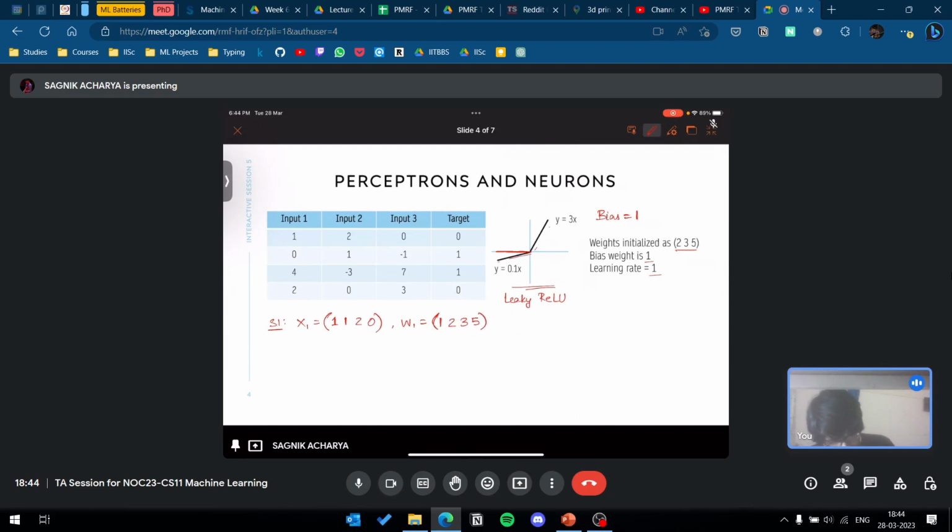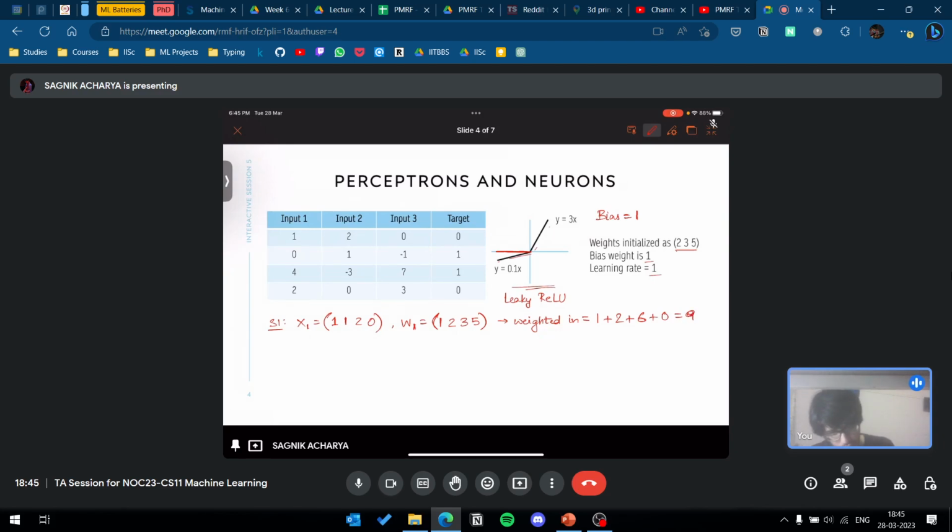So what is my weighted input? I have to multiply w1 times x1, so I multiply the corresponding entries. It will be equal to 1 plus 2 plus 6 plus 0, so this is equal to 9.